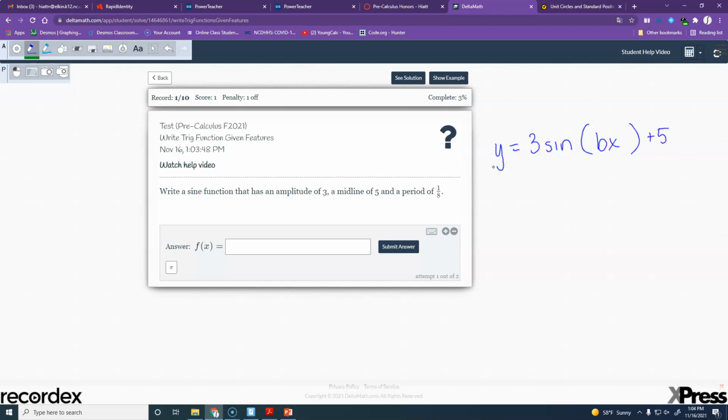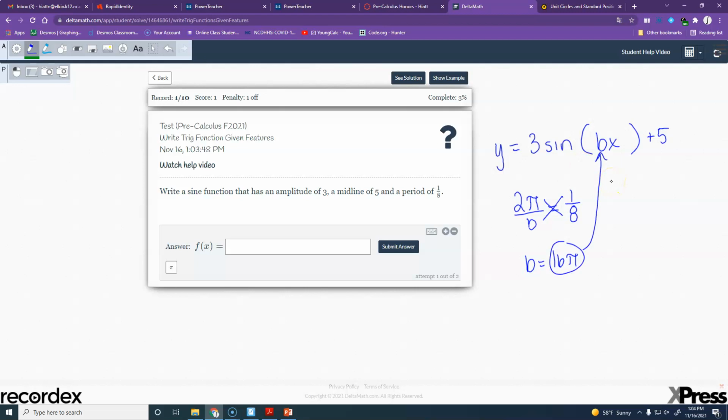When we want to find that period, what's the formula for the period? 2 pi over b. We want the period to equal 1/8, so we set that equal to 1/8. You will cross multiply. In this case, you'll get b equals 16 pi. Right, so that is the number that goes right here.